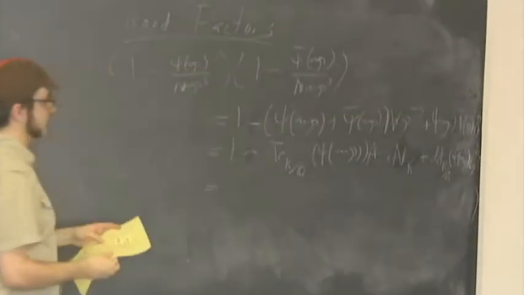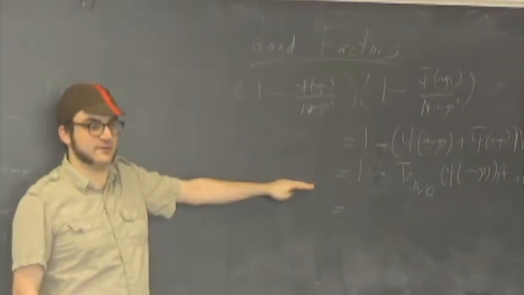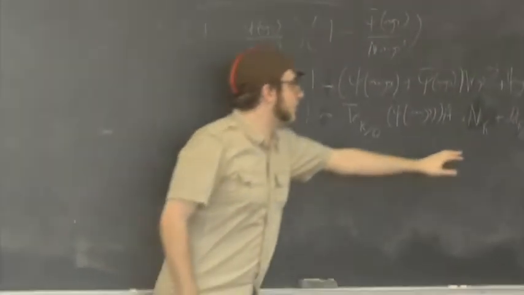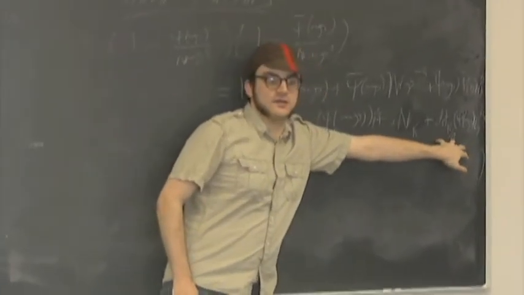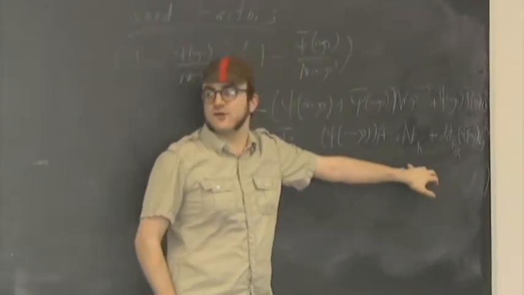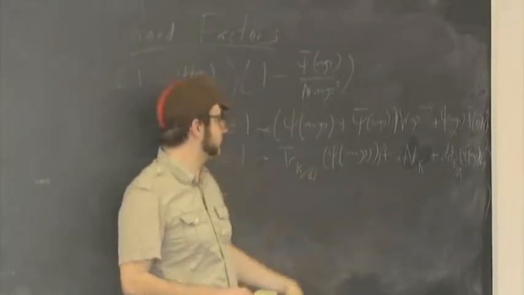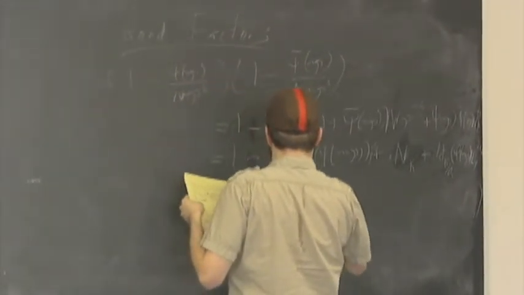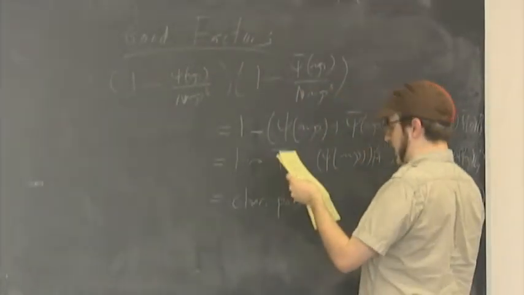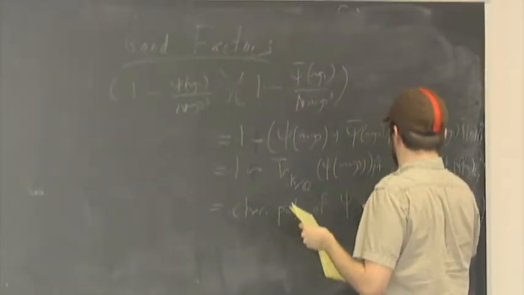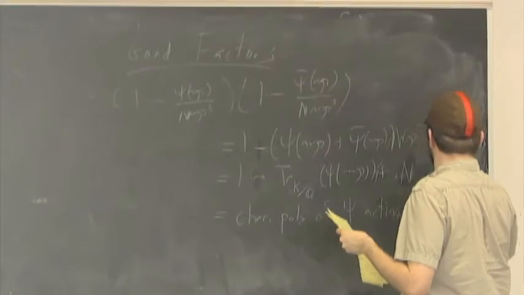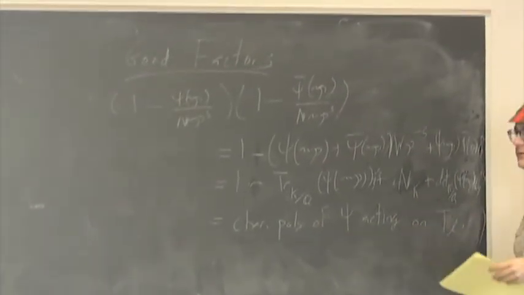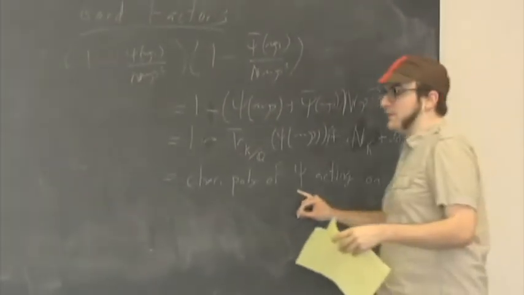But what is this? When you're computing a characteristic polynomial on a two-dimensional vector space, it's always the case that the coefficient of the square is the determinant of the matrix and the coefficient of the linear term is the trace. So this is just the characteristic polynomial of psi acting on the l-torsion, or the elliptic Tate module.